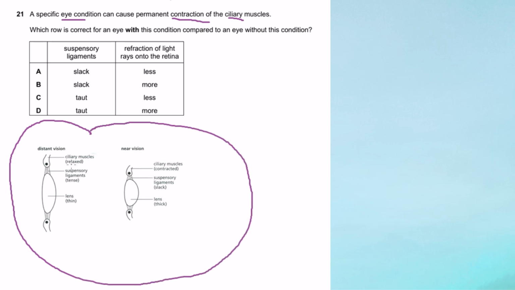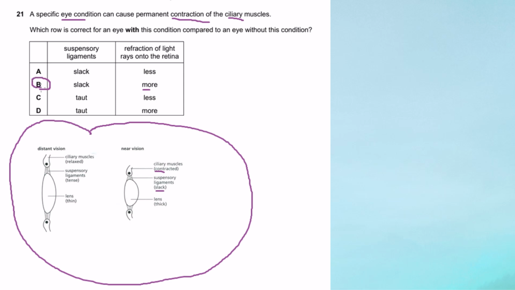When the ciliary muscles are contracted, as we see here, then our ligaments will be slack and then the lens will be thicker. Okay, so we can already see it can either be A or B because C and D say it's taut. So we can see here it's slack, so it has to be either A or B. And as the lens is thicker, we will probably see more refraction. So our answer here will be B.